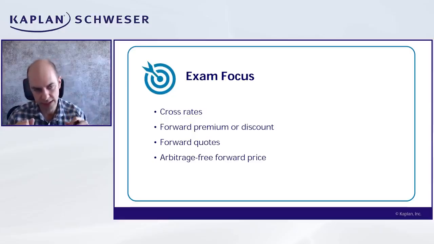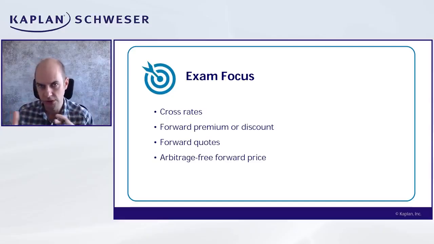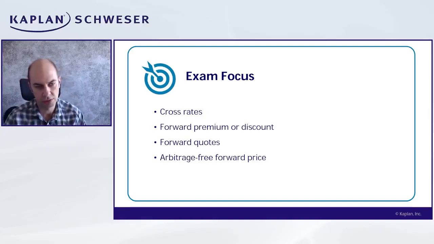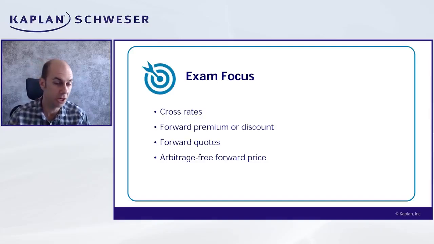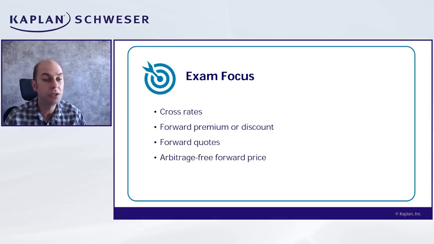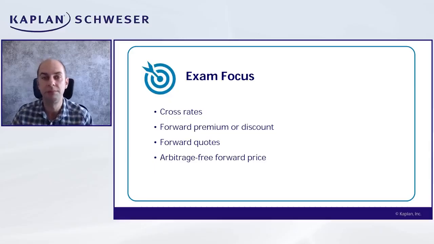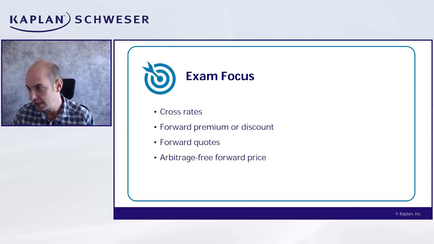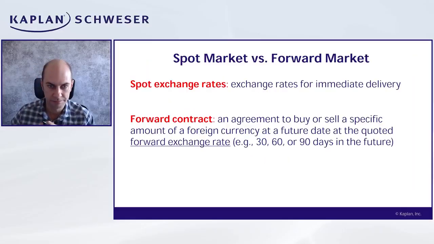Forward quotations, so different ways of expressing the price of the forward contract. And also the arbitrage-free forward price from the all-important interest rate parity. So very exciting, let's get started.